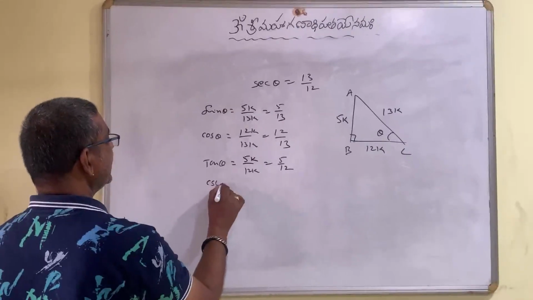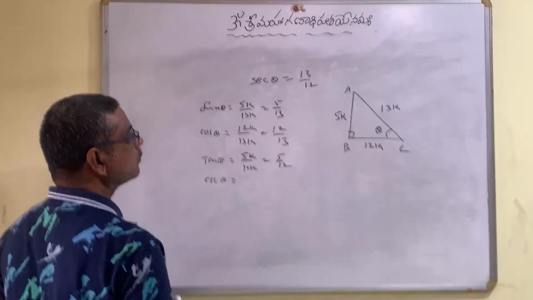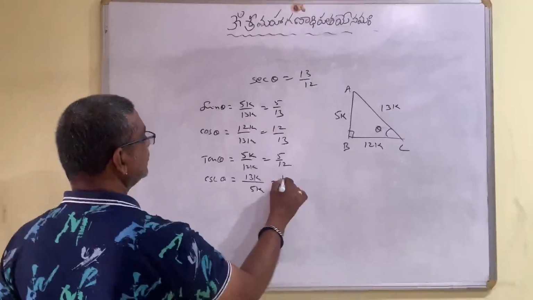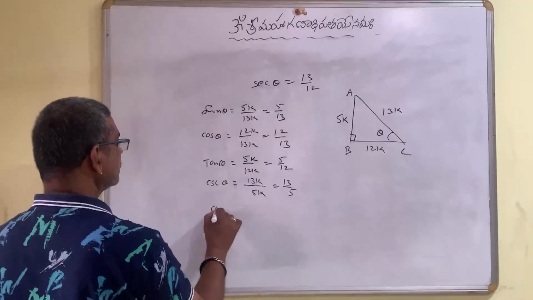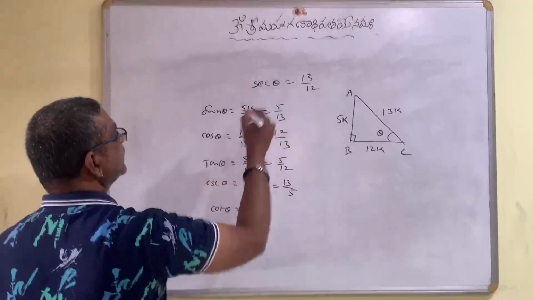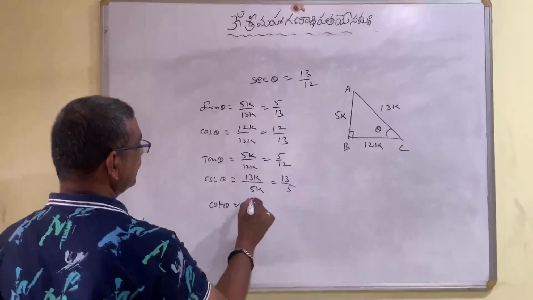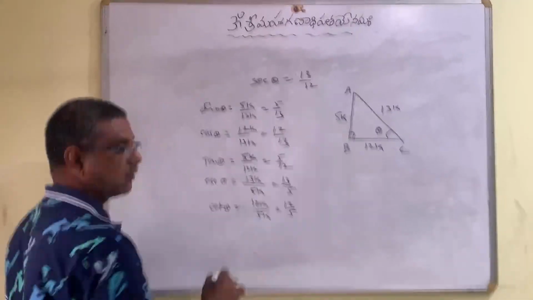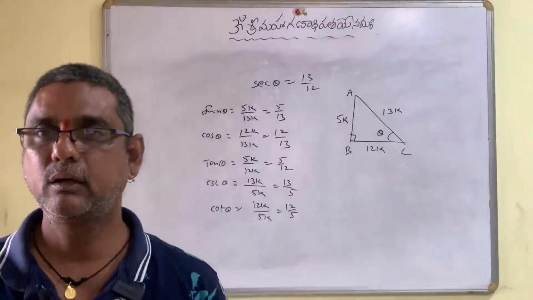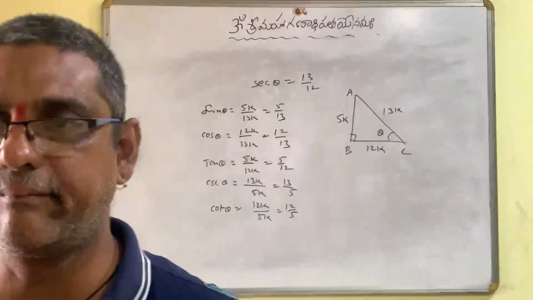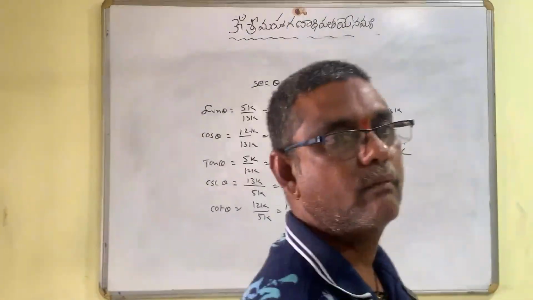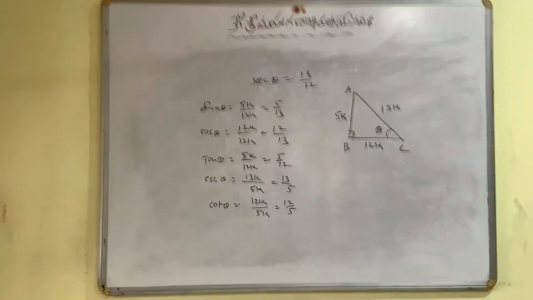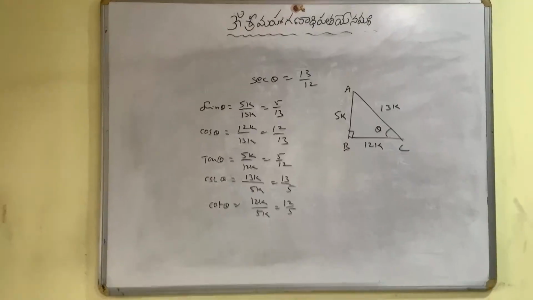Cosecant theta is 13k by 5k, 13 by 5. Cot theta is 12k by 5k, 12 by 5. Okay? So like this.